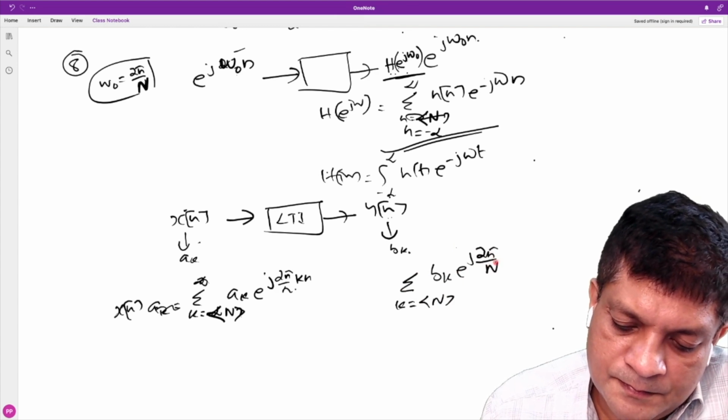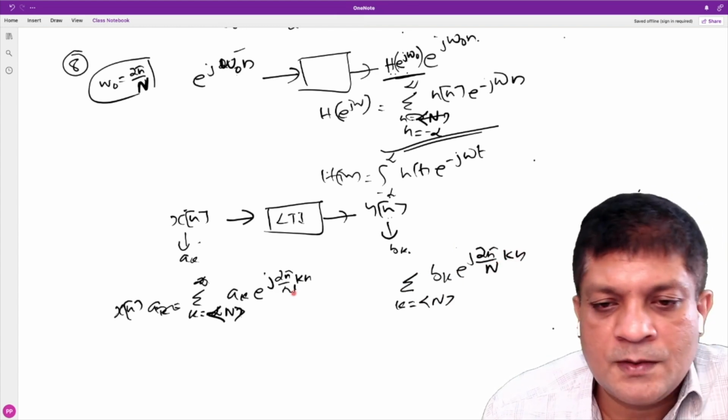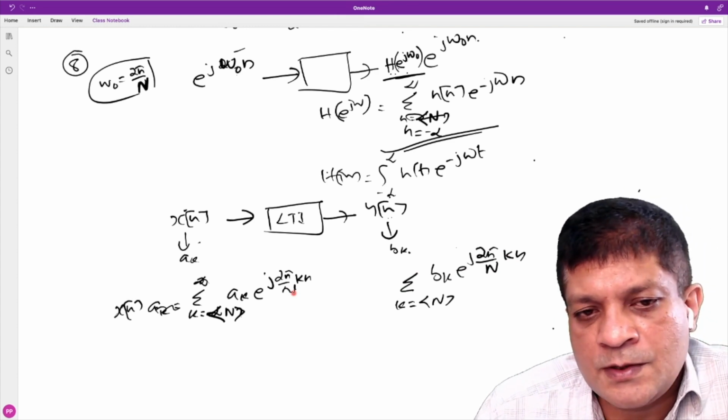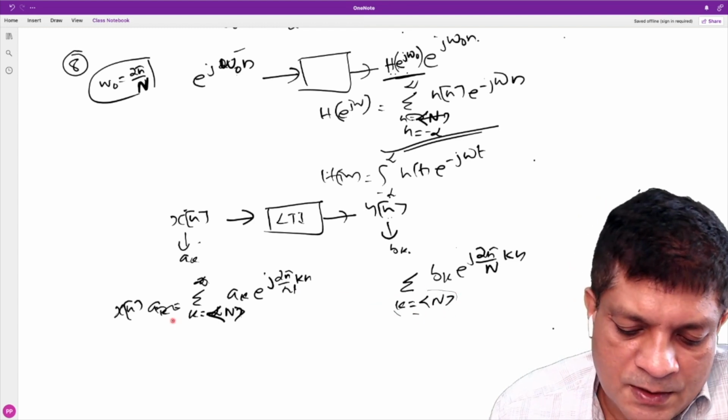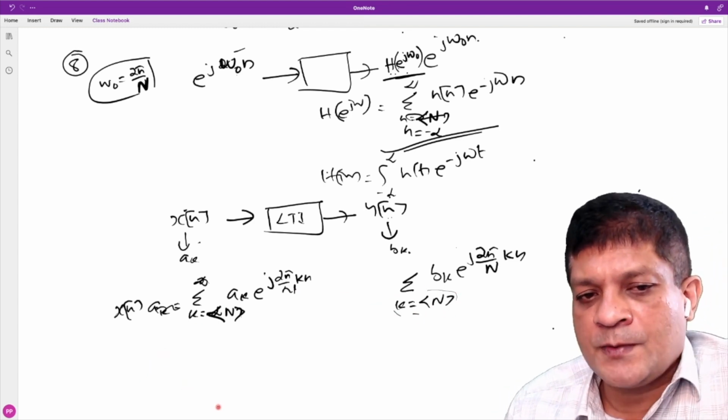That's also similar to the continuous time Fourier series representation. The only difference is that here it is a summation over one period. Okay.